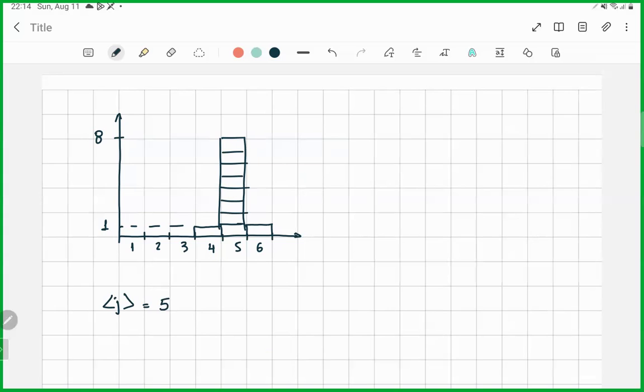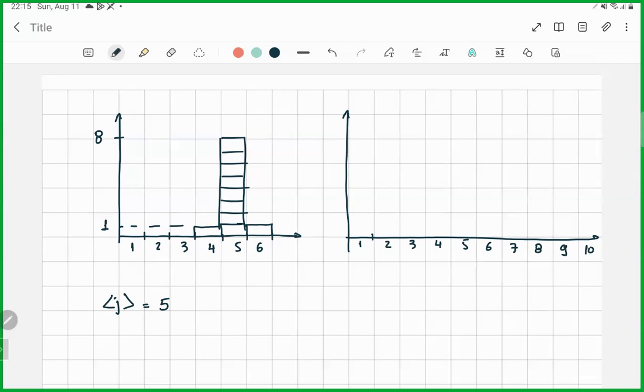Okay, let me give you now another distribution. Where we have here 1, 2, 3, 4, 5, 6, 7, 8, 9, and 10.